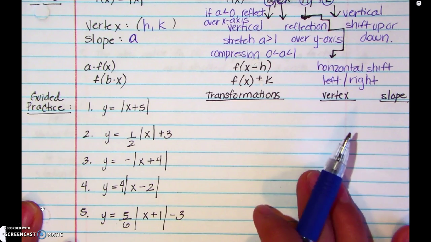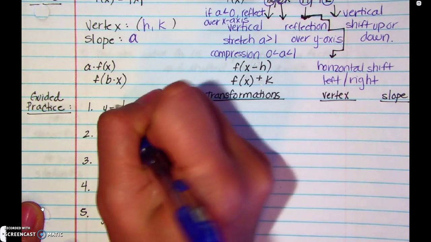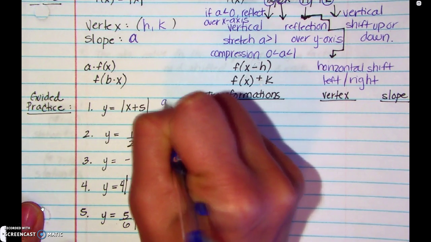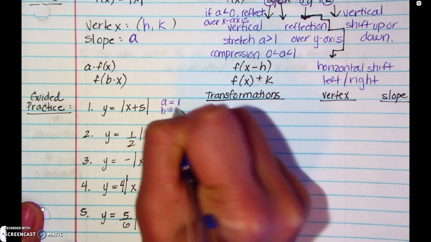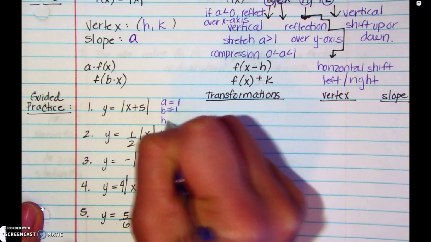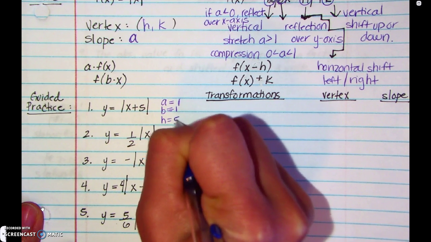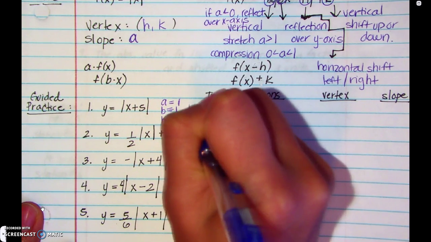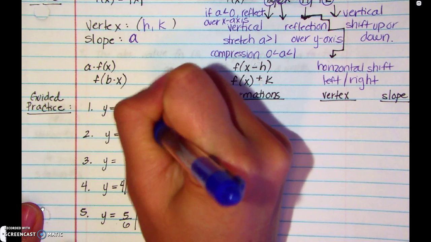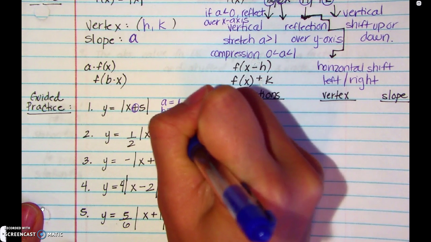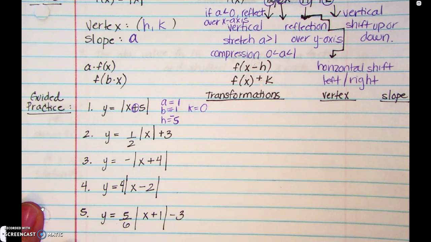When you look at number 1, the value of A is 1, so no big change there. B is 1. H is 5. And K is 0. Okay, the actual value of H is not a +5, it is the opposite of what we see, so it's actually a -5.